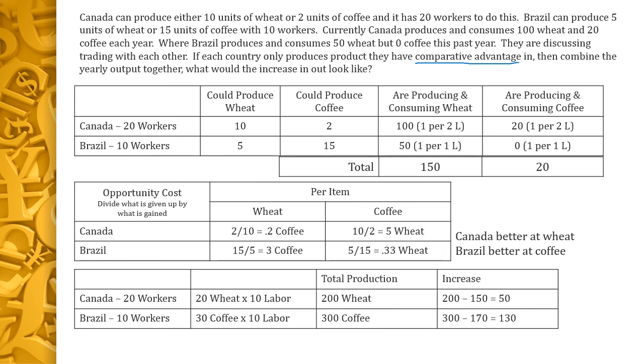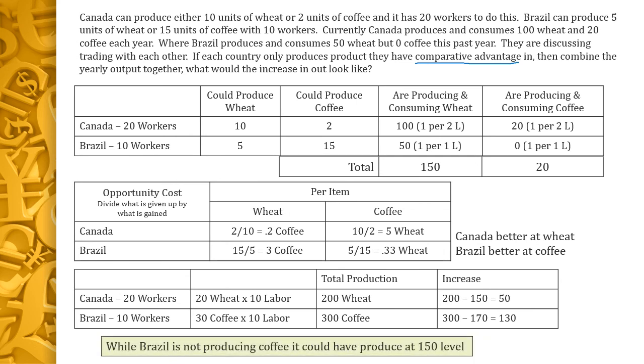How did we get the 170? Well, what's important to remember is that while Brazil is not producing coffee, it could have produced at the 150 level. How do we know it's 150? Well, because it could have produced 15. And remember, our workers is equal to our labor, so 10 times 15 would be 150.